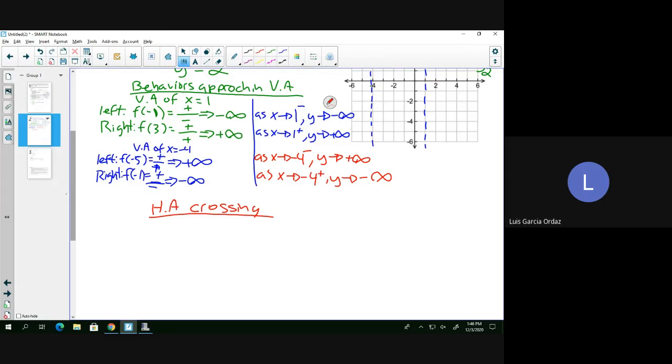So to figure out if this graph is going to cross this horizontal asymptote, all we're doing is setting our function, 2x squared over x squared plus 3x minus 4, equal to our ratio. So what was our ratio that we came up with for our horizontal asymptote at the beginning? 2/1.